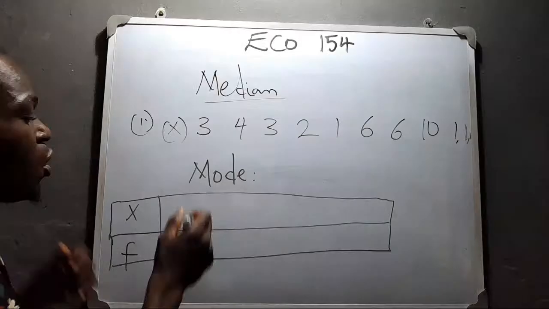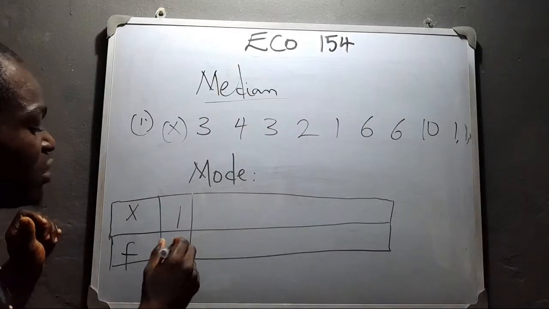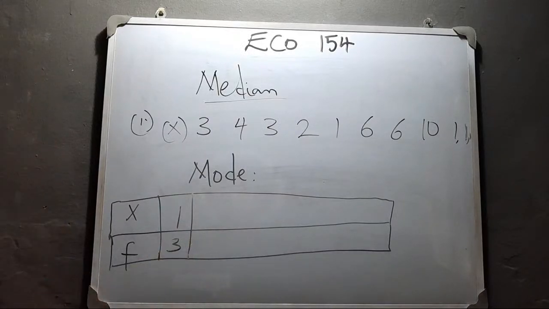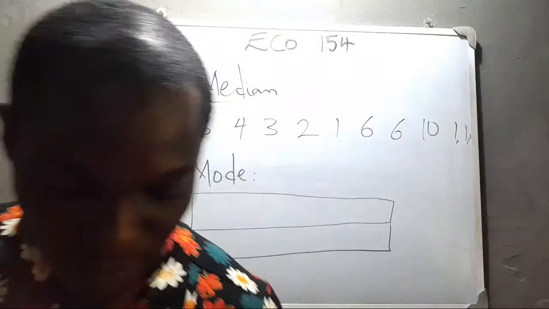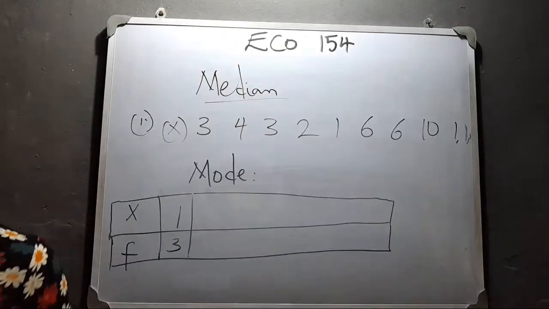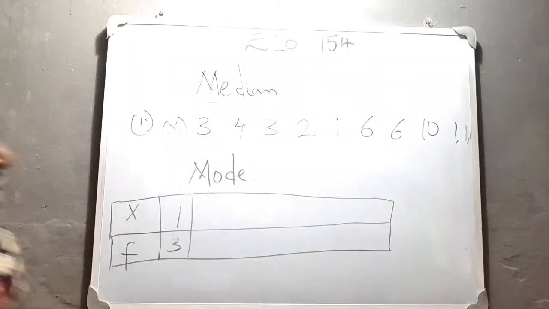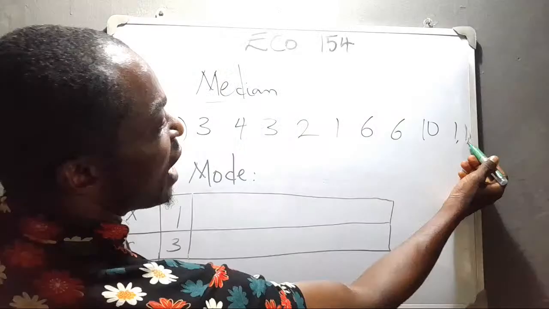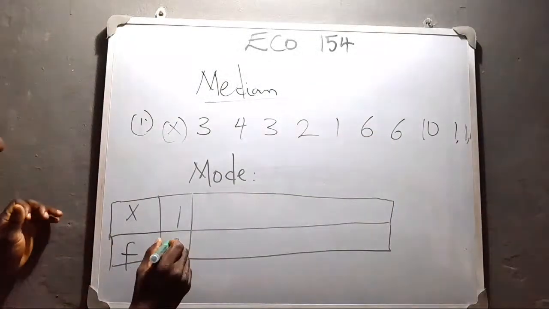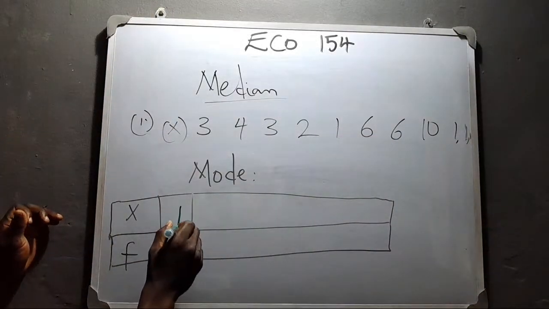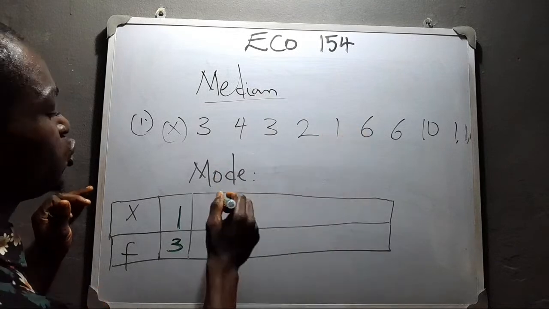Number 1 occurs 3 times. I beg your pardon, I'm having some problem with the marker. So 1 occurs 1, 2, 3, it occurs 3 times.